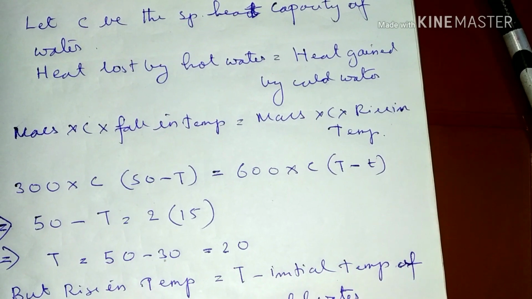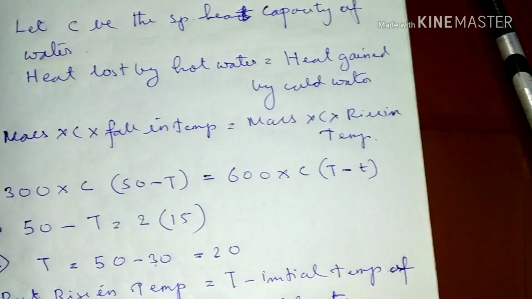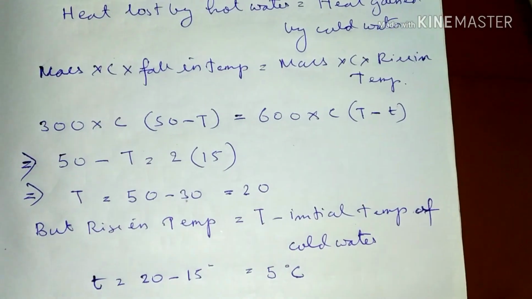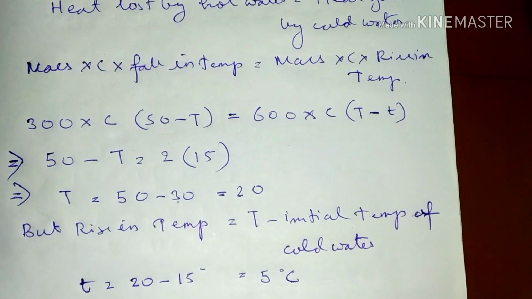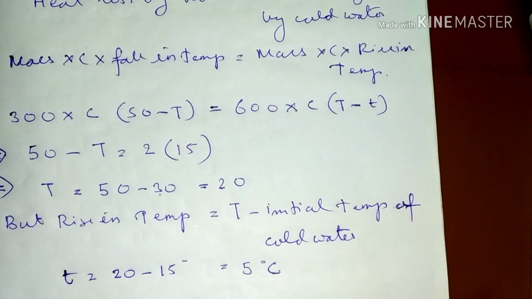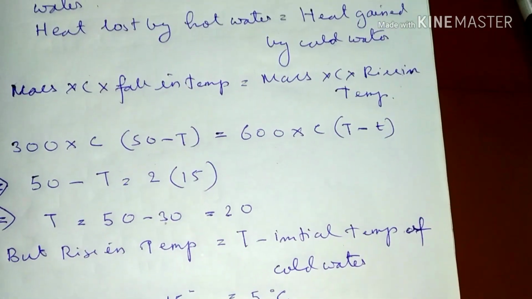Mass into C into fall in temperature is equal to mass into C into rise in temperature. So 300 into C (50 minus capital T) is equal to 600 into C (capital T minus small t).